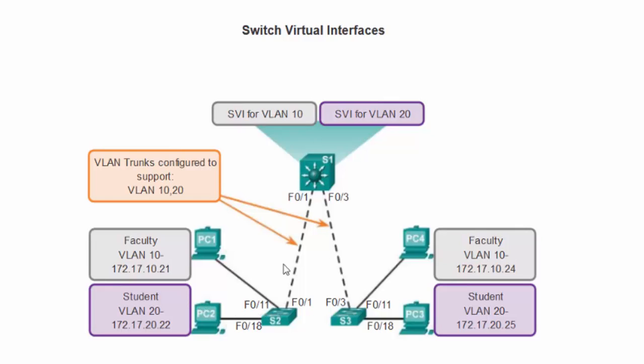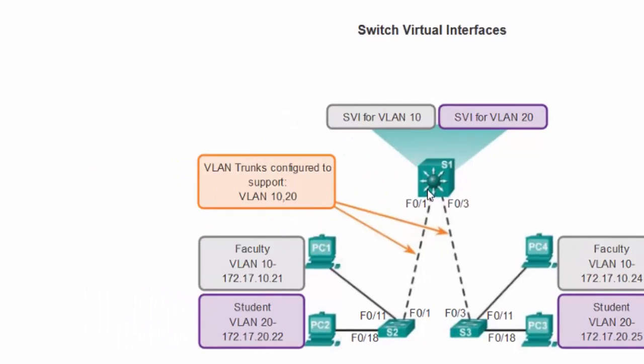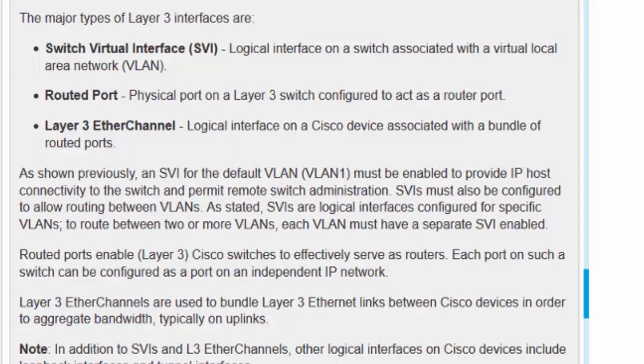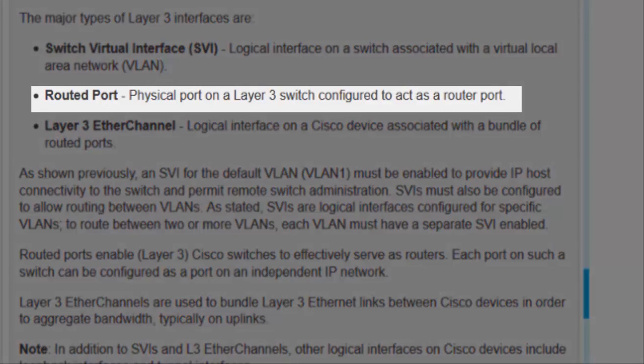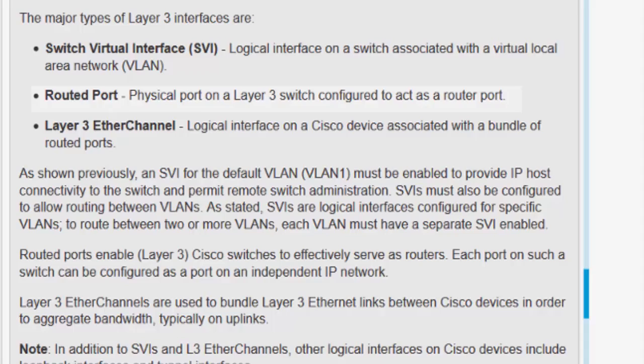And the layer 3 switch will have what we call an SVI interface to connect these virtual LANs on a specific port on the switch. The other type of interface is what we call a routed port, and that's a physical port that connects the layer 3 switch and allows the layer 3 switch to work as a physical router.